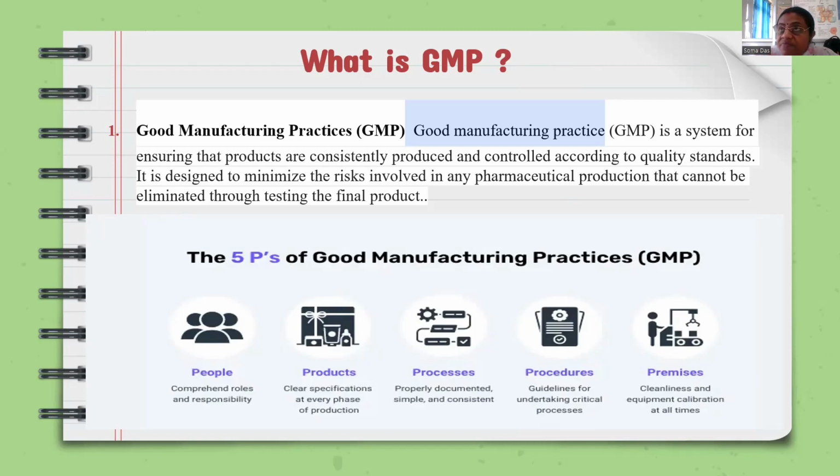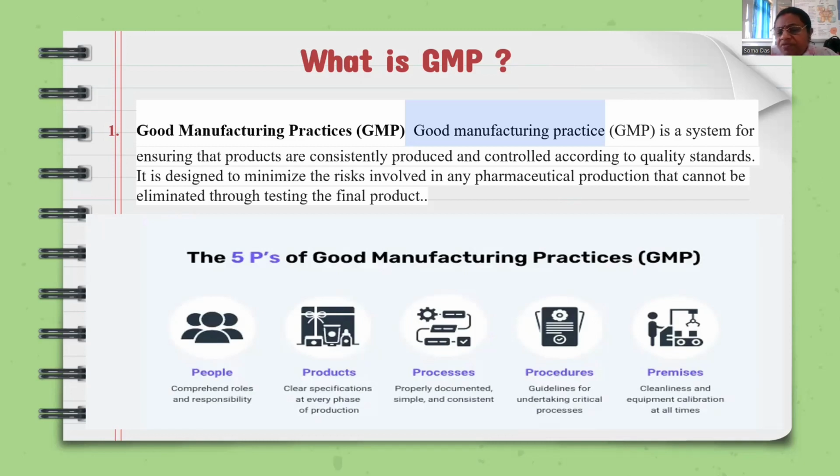And for that documentation, like good manufacturing practices, we also have good documentation practices. We'll learn later on about good documentation practices, because unless we maintain good documentation practices, we are not involved in good GMP practices.